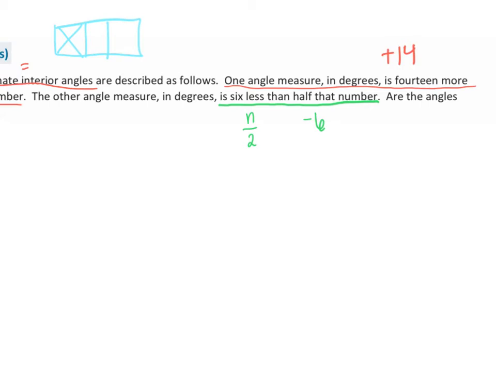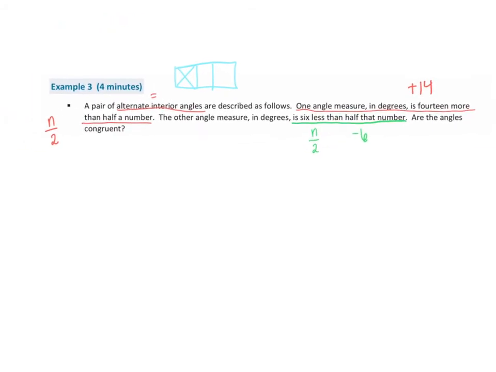Okay? Are the angles congruent? What does this mean, congruent? This means, are they the exact same? Are they equal? Okay, let's go ahead and mark my second box. I did my annotations. This time I'm going to actually start writing some stuff out, find my unknowns, that kind of thing. Okay, so we have 2 angles. They're alternate interior angles.